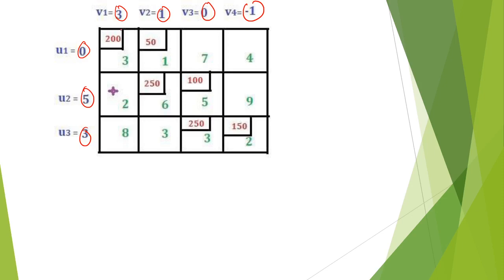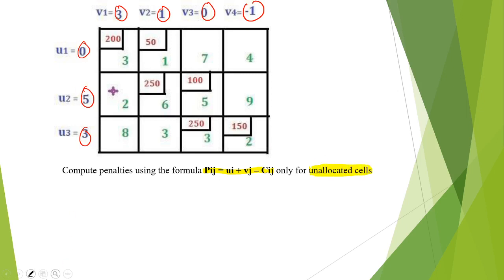Now we will find the penalties using the formula. For the penalty, the formula is Pij equal to Ui plus Vj minus Cij, only for unallocated cells. So for unallocated cells, we will use this.